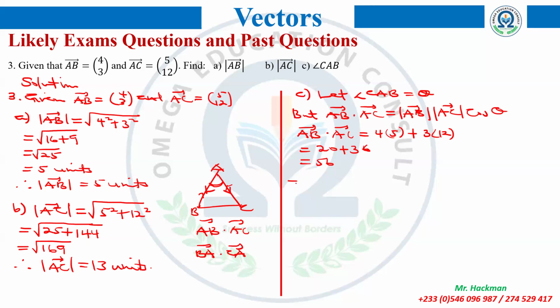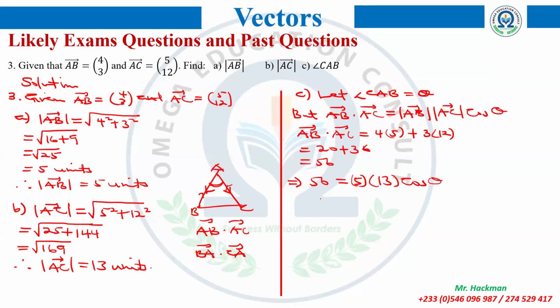So AB dot AC is 56, and that is equal to the magnitude of AB, that is 5, times the magnitude of AC, that is 13, times cos theta.